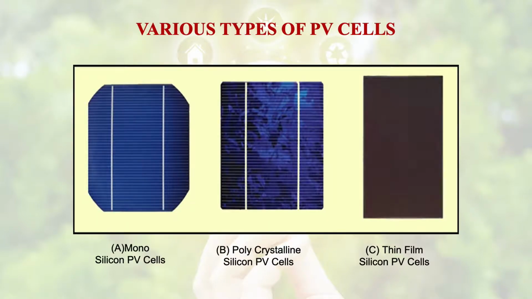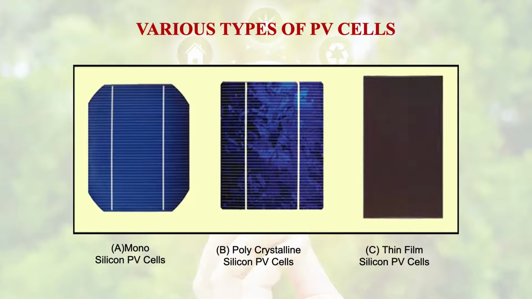So here, learners, you can see the different kinds of solar cell: the monocrystalline solar cell, polycrystalline solar cell, or thin film silicon PV cells. You can see that the shape of the cell is not necessarily this kind of shape. It may be circular also.